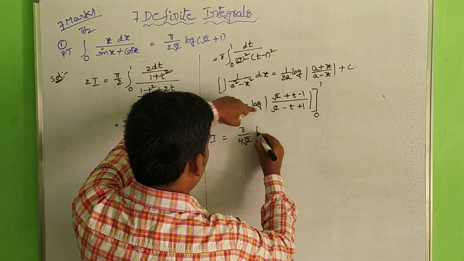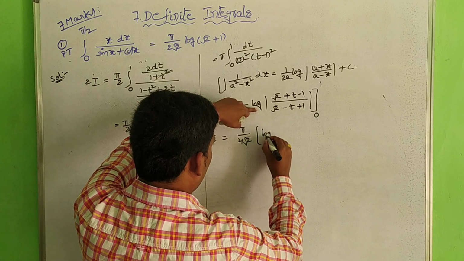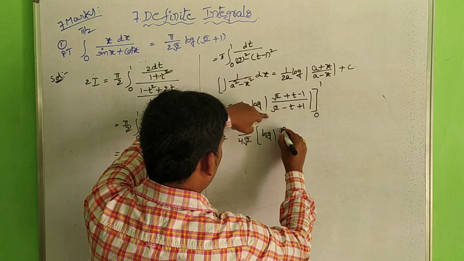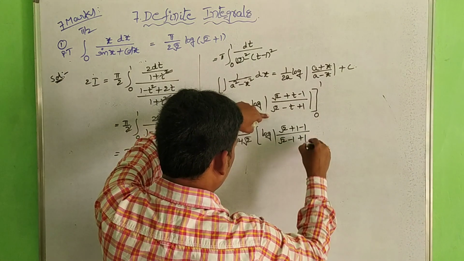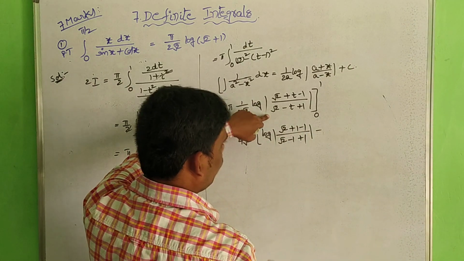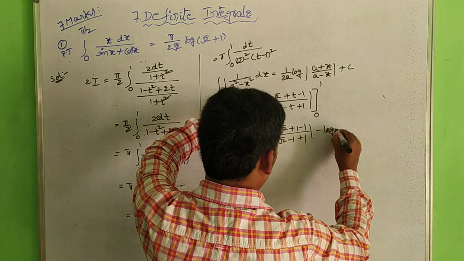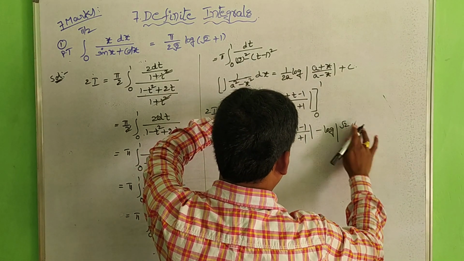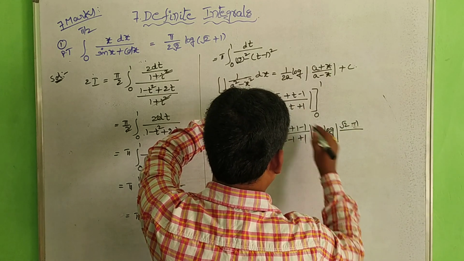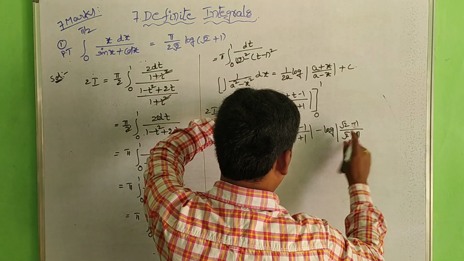Now apply the upper limit. First, the upper limit: root 2 plus 1 minus 1 by root 2 minus 1 plus 1, minus log of the lower limit: root 2 plus 0 minus 1 by root 2 minus 0 plus 1, which is root 2 minus 1 by root 2 plus 1.